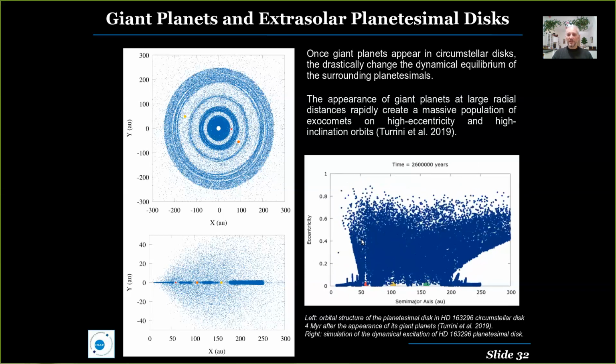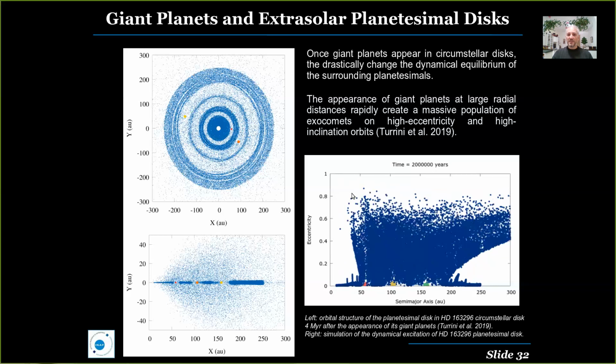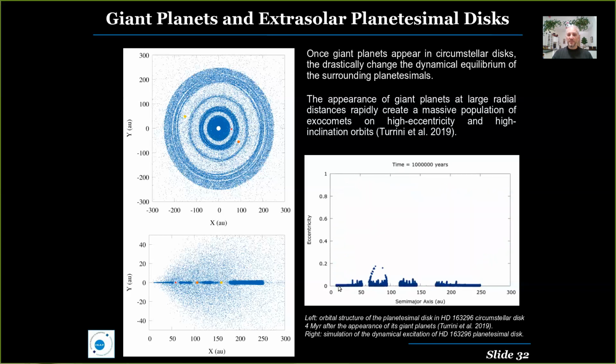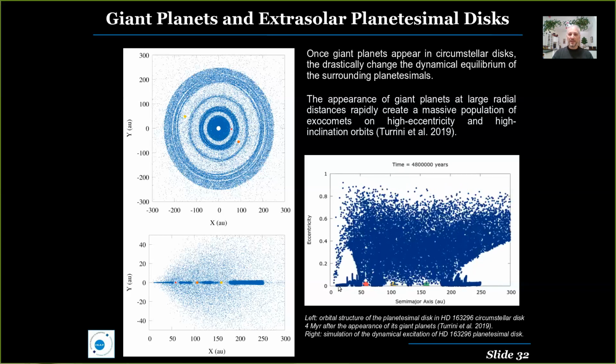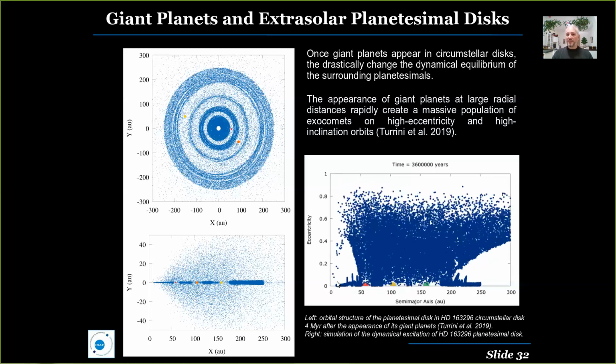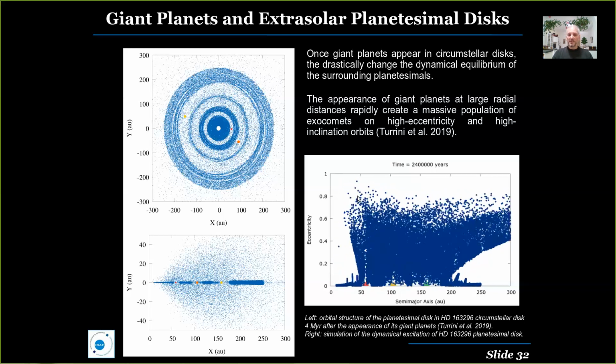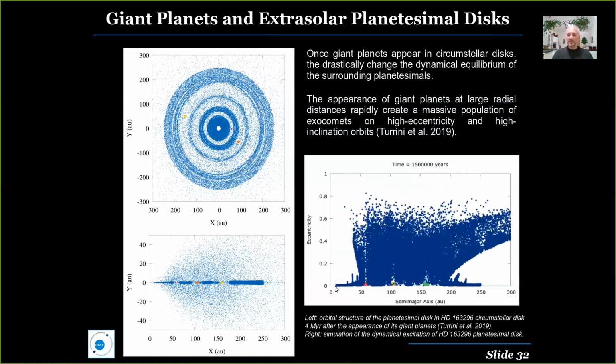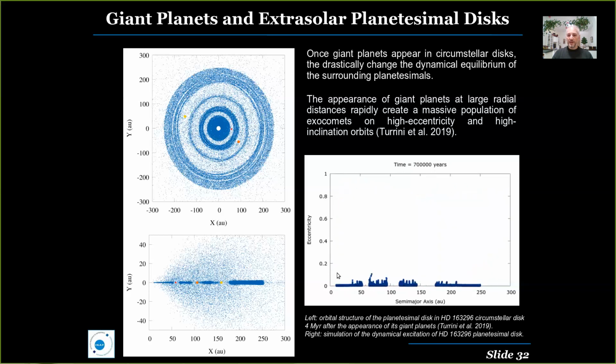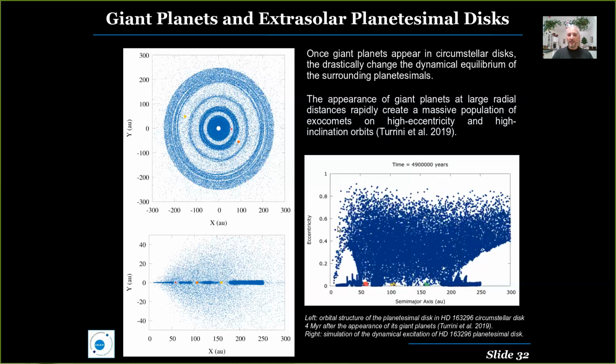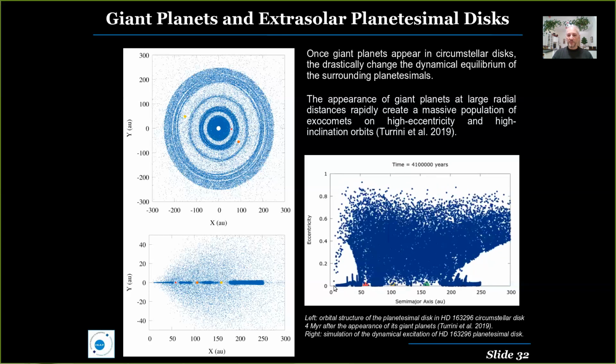Moreover, some of these planetesimals can reach such high eccentricity that they can penetrate the inner regions of the protoplanetary disk, where the density of the gas is such that it can start circularizing their orbits closer to the pericenter. And this is the cause of this fountain, this cascade of planetesimals toward the inner region.